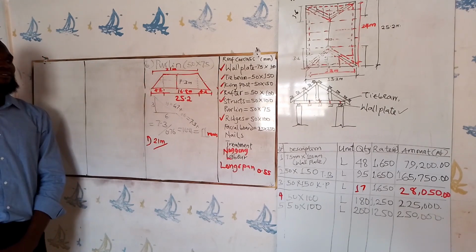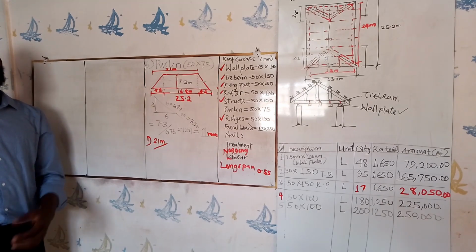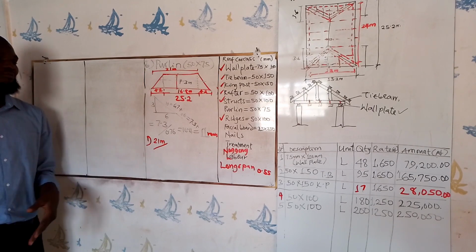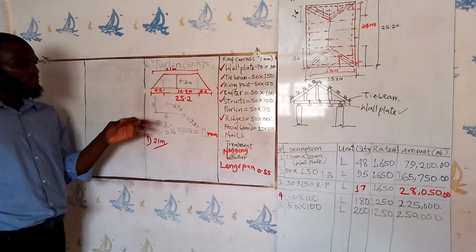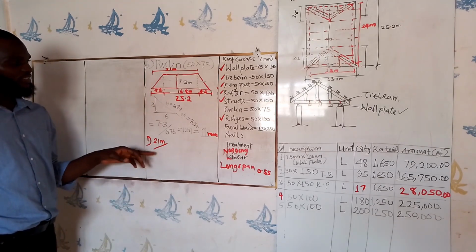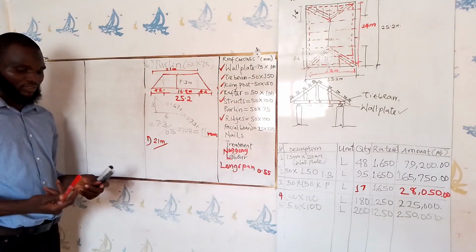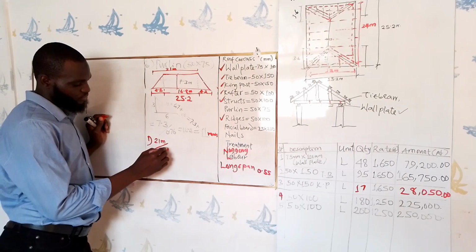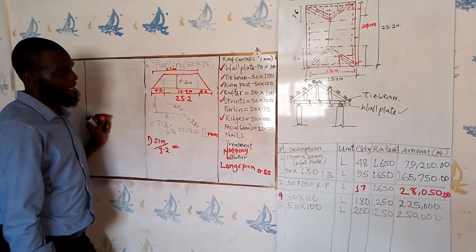They will lap it anywhere, so we do not have to consider the lap joint. So now you can divide this by say 3 meters. Okay, so 3.2. 21 divided by 3.2 will give us what?